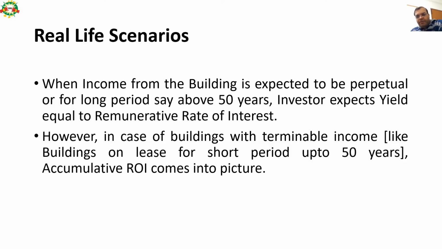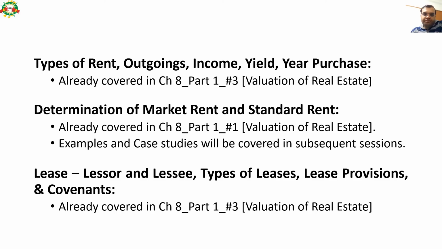So my expected ROI, remunerative ROI and accumulative ROI will be equal. However, in case of buildings with terminal income, like buildings on lease for a short period up to 50 years, say, accumulative ROI comes into the picture. We will try to understand these two concepts with the help of examples in our next session.